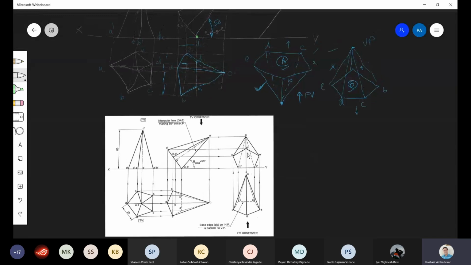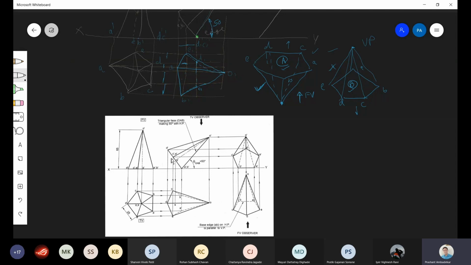And then finally we have to project this. For projecting this, you can see now the base BC. So it is resting on, sorry, BA. In this case BA, and in our case it is DC, and in their case it is BA. So it is resting on BA on the HP. You can see the remaining portion of the base is lifted up. Otherwise A, B, C, D, E should have been on the XY line, that is on the HP.